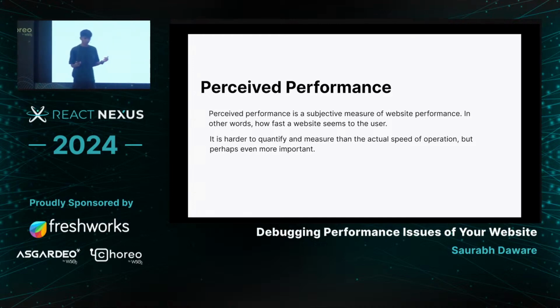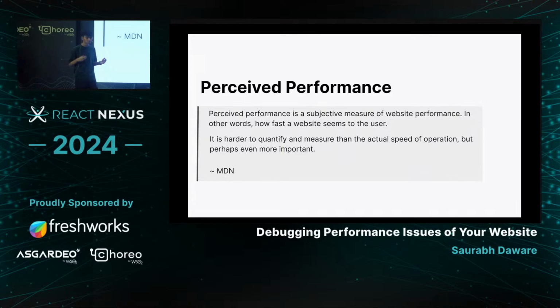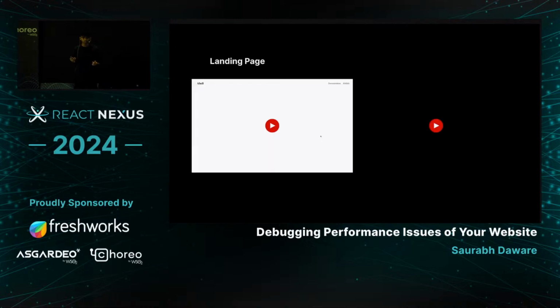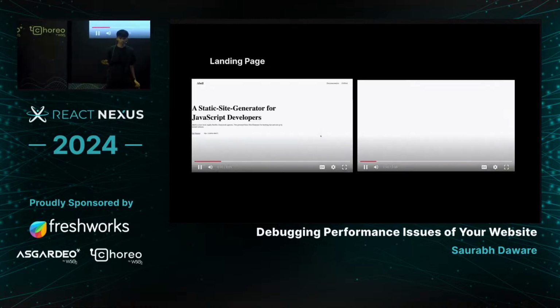I didn't make this up. This definition comes from MDN. MDN has a separate page for perceived performance, which goes into details, so you can check that out as well. But let's see what I mean by perceived performance. I have this demo where I'm loading a site.